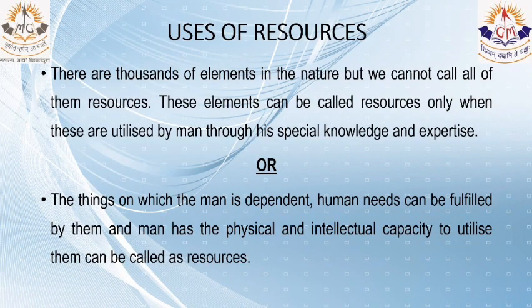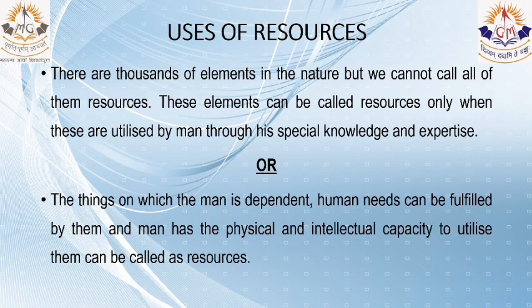Now let us understand the uses of resources. There are thousands of elements in nature, but we cannot call all of them resources. These elements can be called resources only when they are utilized by man through his special knowledge and expertise. I think we just had a discussion about that.